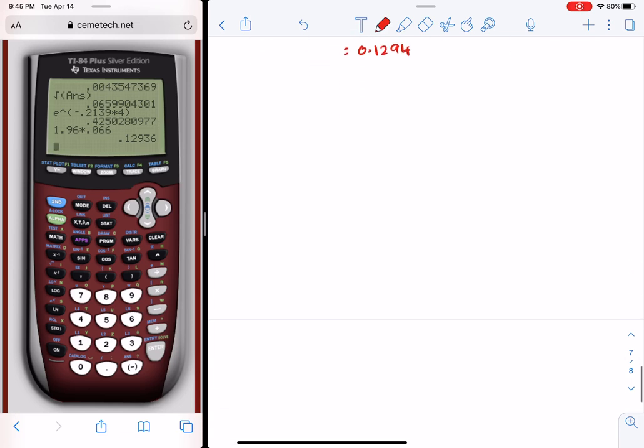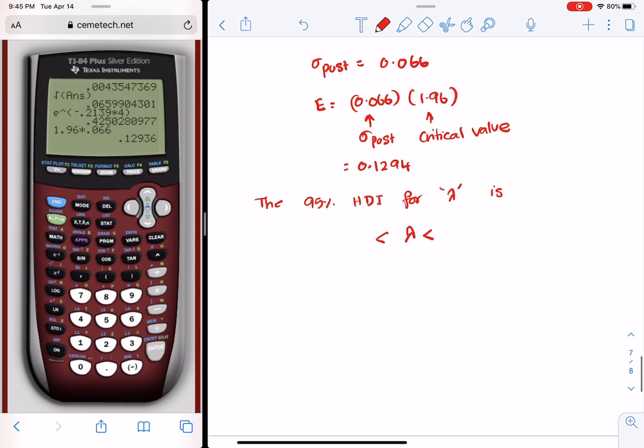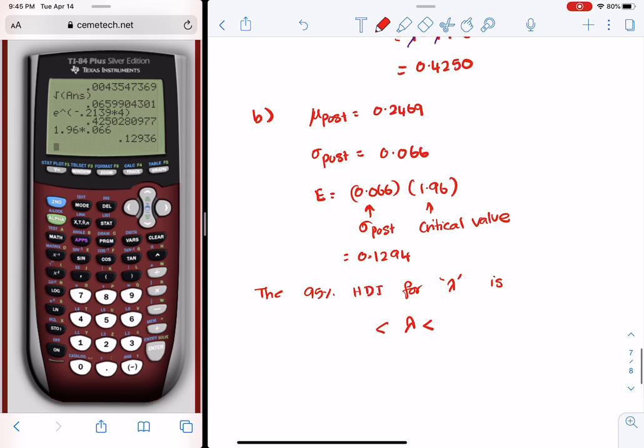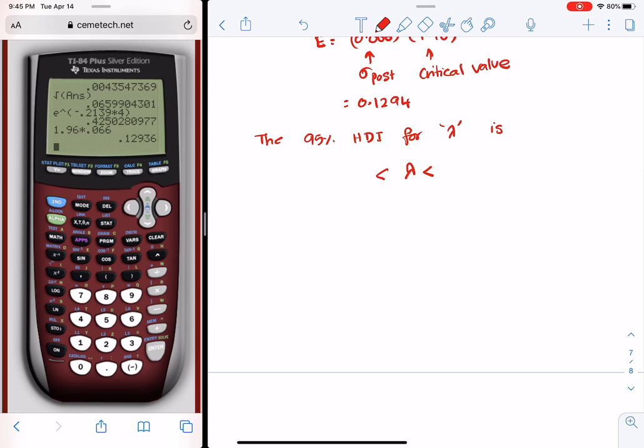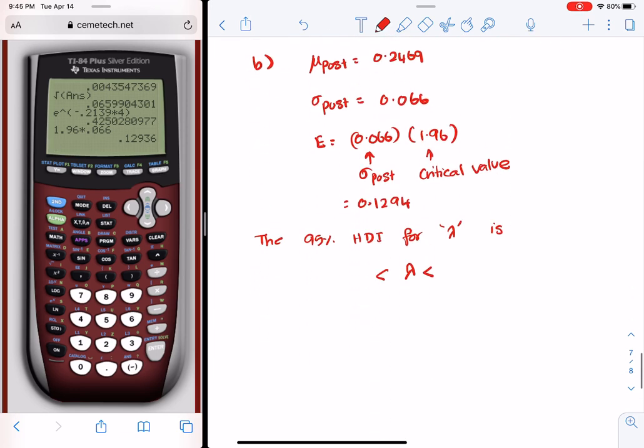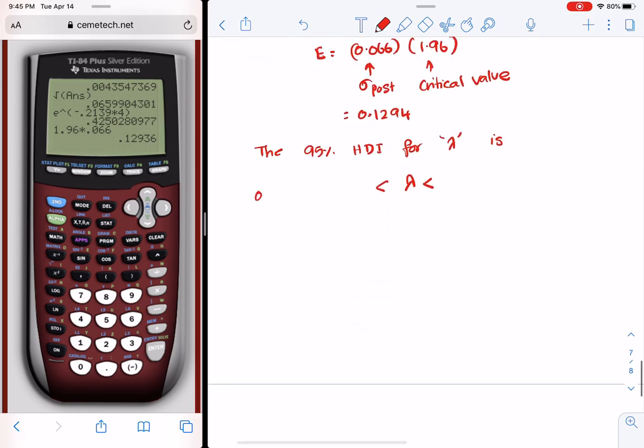We get 0.1294. So the interval lambda can be anywhere from 0.2469 minus 0.1294 and 0.2469 plus 0.1294.